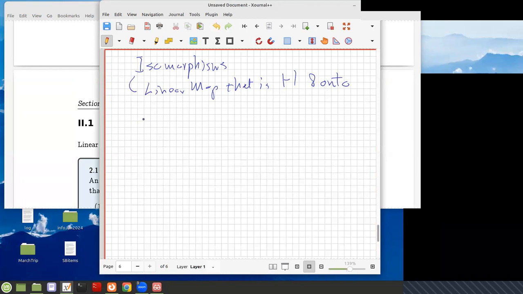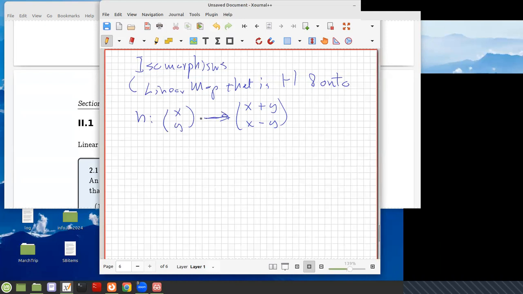So let's try the map h, which takes (x, y) to (x plus y, x minus y). This map is going to be linear, and I think we'll be able to show that it's also one-to-one and onto. We'd have to go through and check all three properties if we wanted to know for sure that it is one-to-one and onto.